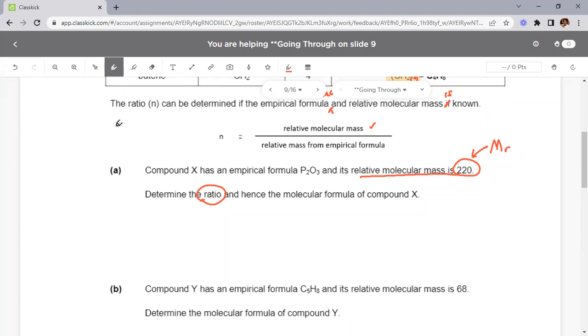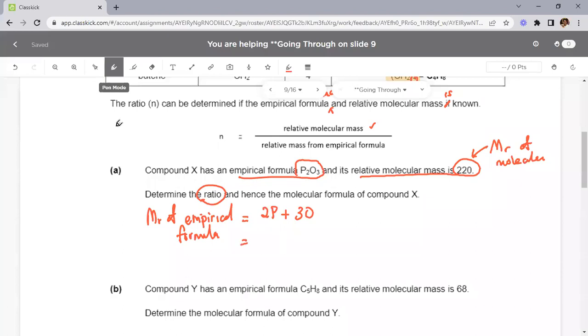So let's find the Mr of the empirical formula. This is equal to 2P plus 3O.